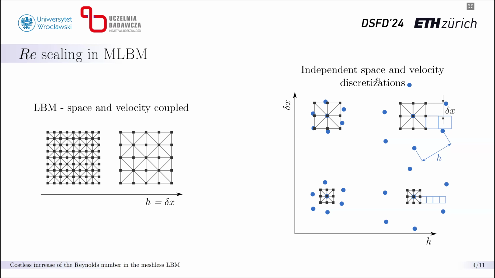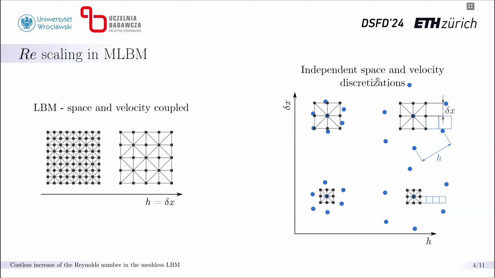So in contrast to standard formulation, where decreasing streaming distance means decreasing the lattice parameter or space discretization parameter at the same time, with the decoupled discretizations, we have the whole space spanned by those two parameters free to explore. So for example, to increase reference size of the problem in meshless LBM, we can keep the positions of the discretization points intact while we decrease the streaming step.